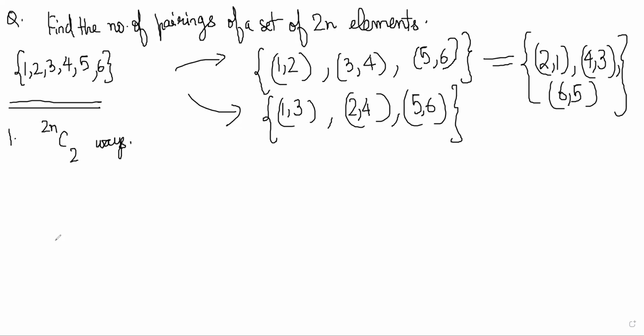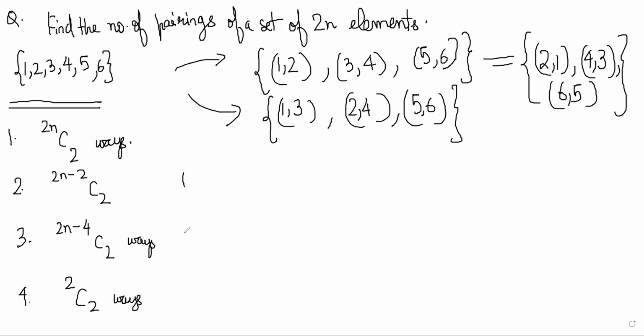Then after that pair is made, how many things are left? 2n minus 2. The second pair can be made in 2n minus 2 C 2 ways, right? And so on. Similarly, third pair can be made in 2n minus 4 C 2 ways, and so on. Last pair, right? There are only two things left, so one way. And this will be pair number n, right?